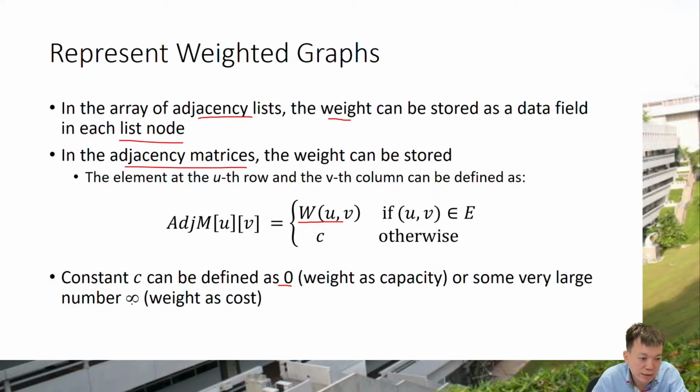But in some circumstances, we may assign infinity. It depends on what our problem needs. Sometimes I assign 0 to indicate they are unconnected, and sometimes I use infinity, so that I know this particular edge is not connected or I should not try to use it.